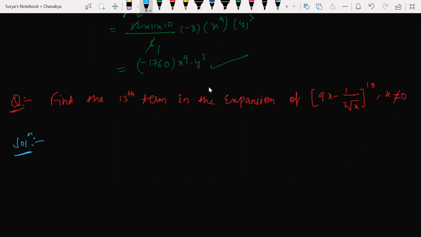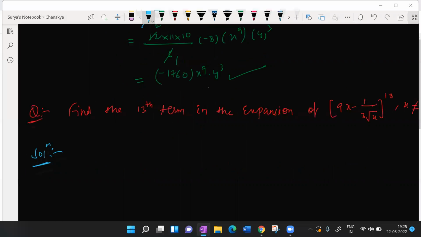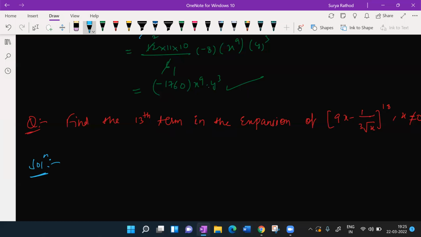Let's see who is going to give the answer. T13, that is T12 plus 1. Please find it out. Tell me the final answer. Quick.